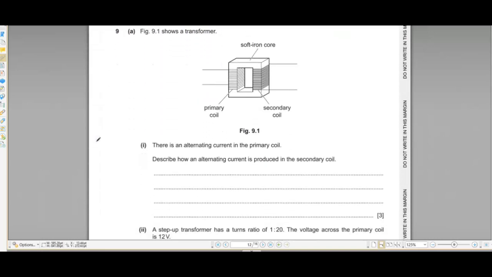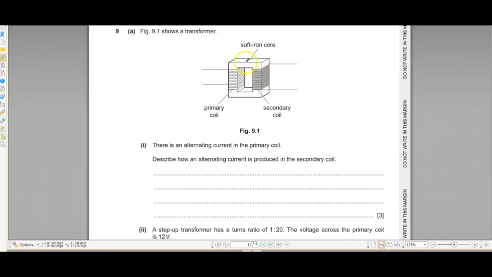Question number 9. Figure 9.1 shows a transformer. There is an alternating current in the primary coil. Describe how an alternating current is produced in the secondary coil. Now, if we know the principle of transformer, we know that the primary coil has alternating current in it. So this creates an alternating magnetic field.